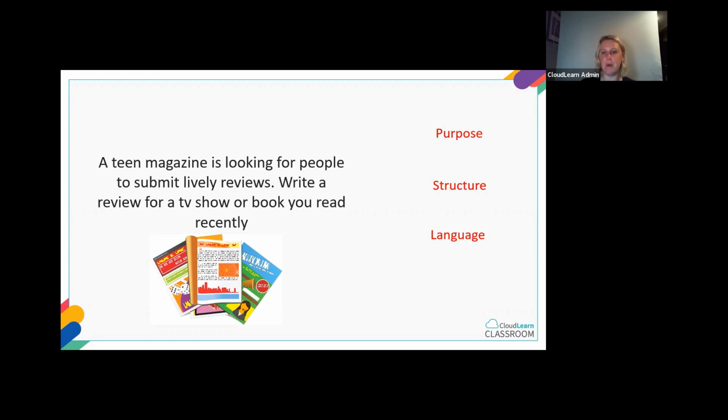Absolutely. Yeah, it will be a persuasive language, persuasive tone. What kind of words will you use? What kind of language, individual words will you pick? Remember, it was asking for a lively review to teenagers. What kind of words would you be using? What language? Any other ideas?